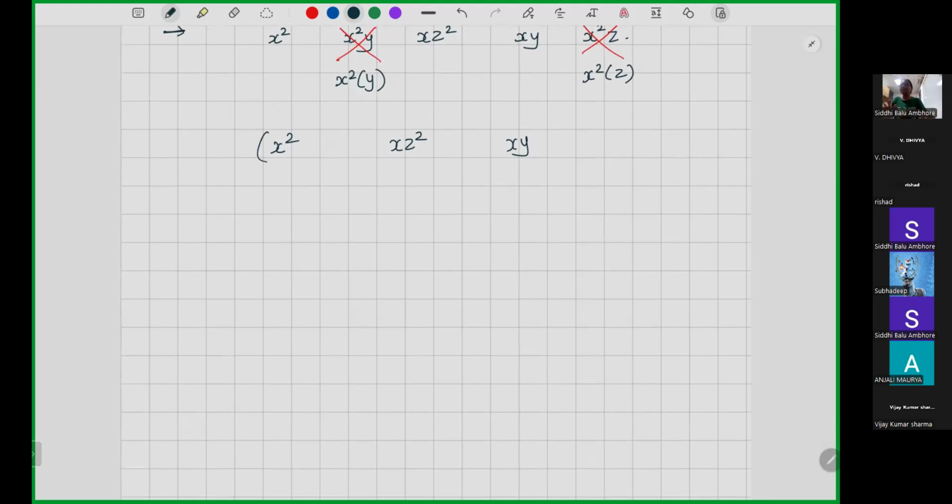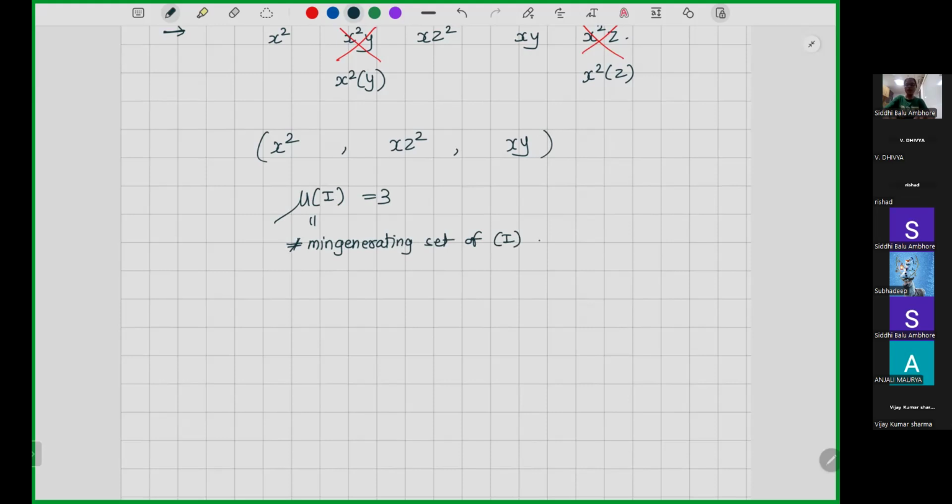So the guess is that mu of I is 3. This is the symbol we use to write the cardinality of the minimal generating set of I.